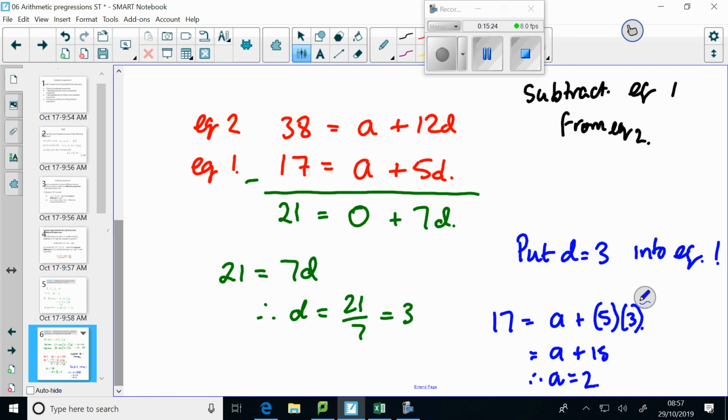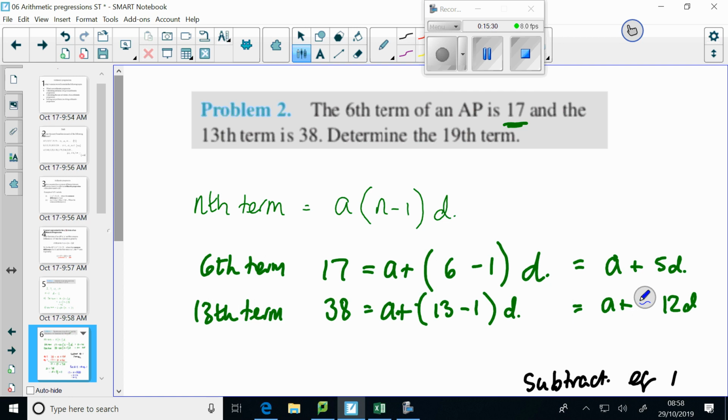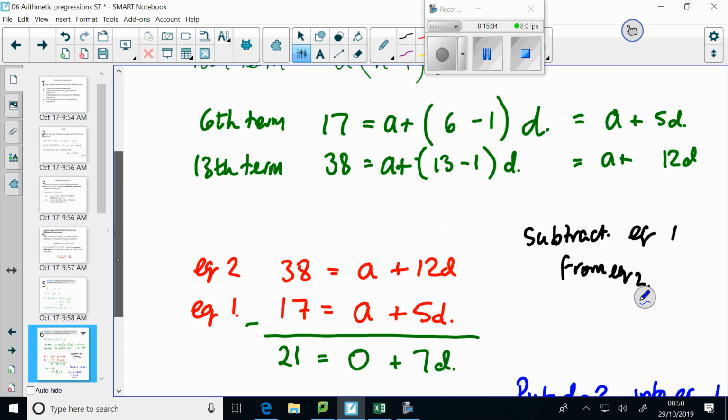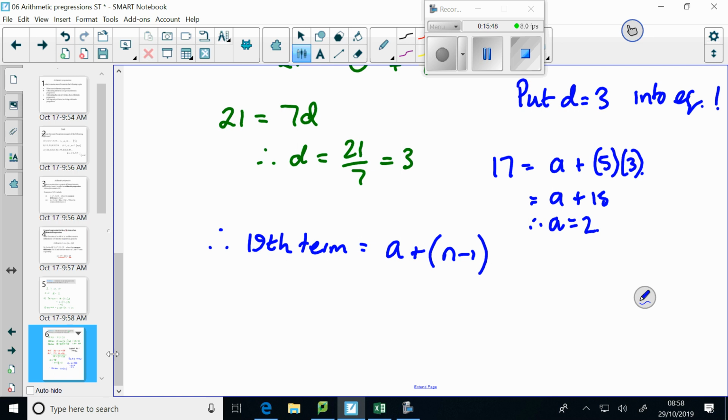We can solve the original problem, which was to find the 19th term. Therefore, the 19th term is a plus n minus 1 times 3.